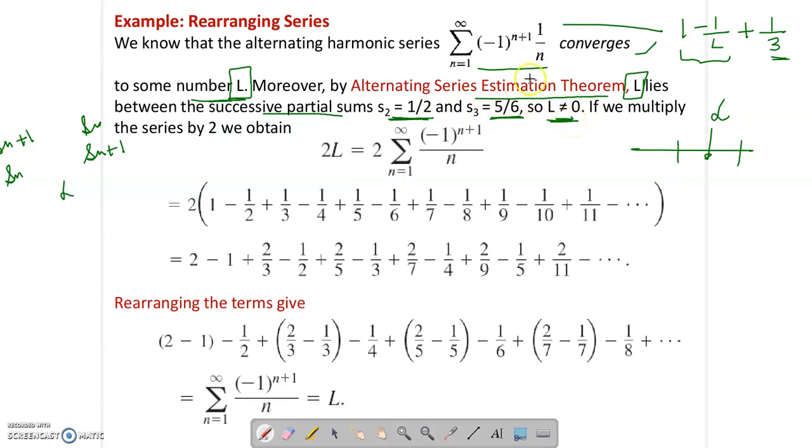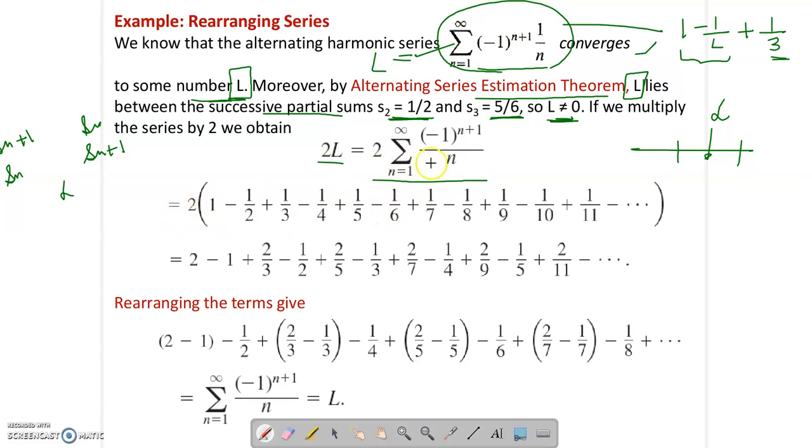Now what we are saying is multiply this series by 2. So if the sum of this series is equal to L, we have 2L equal to this series multiplied by 2. Right?